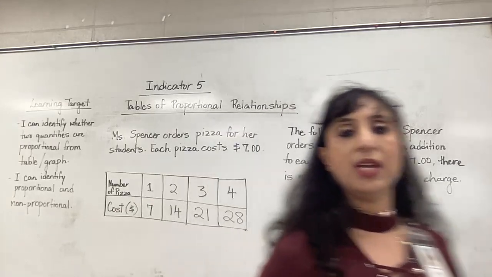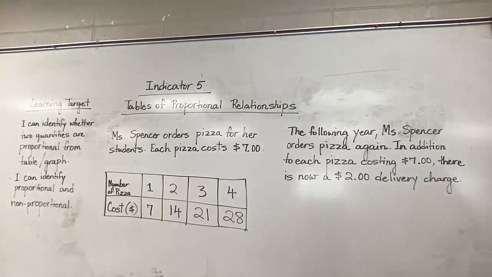Then I'm trying to see whether it is a proportional relationship or not, just by looking at this. We are going to compare the cost and the number of pizzas for each number of pizzas as a ratio in simplified form. If I am writing it in simplified form, I am basically writing the unit rate.